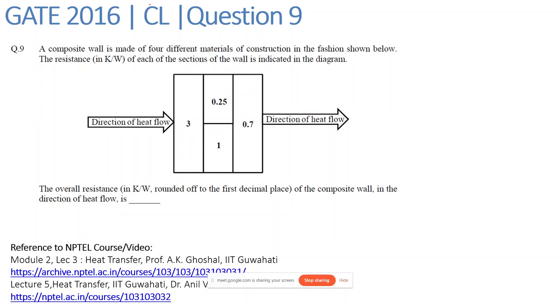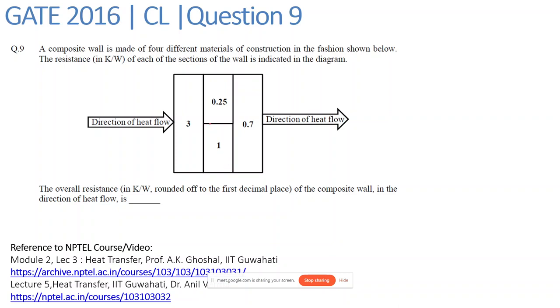This next question is from GATE 2016 paper, and the question is: a composite wall is made of 4 different materials of construction in the fashion shown below. The resistance of each of the sections of the wall is indicated in the diagram. We have been given the diagram and asked for the overall resistance of the composite wall in the direction of heat flow.